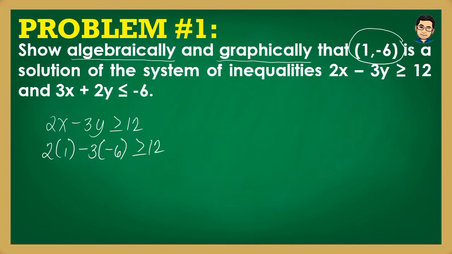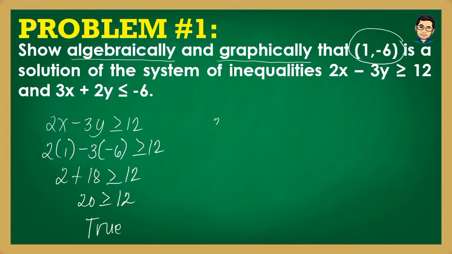And then 2 times 1, that is 2, negative 3 times negative 6, that is positive 18, is greater than or equal to 12. And then 2 plus 18, that is 20, is greater than or equal to 12. So, this is a true statement. It's because 20 is greater than or equal to 12.